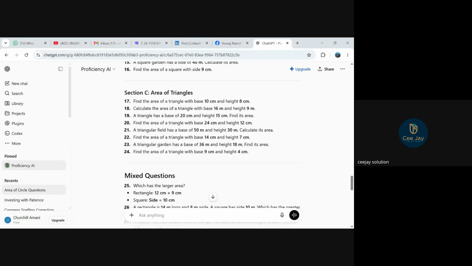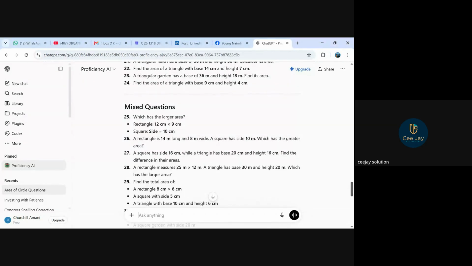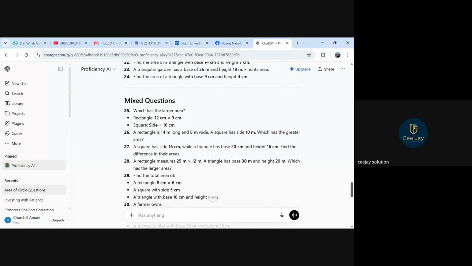I want us now to go to the mixed questions. We still have about 7 minutes. Now, question 25 is asking which has the larger area.